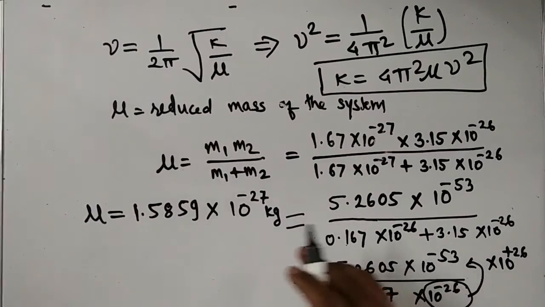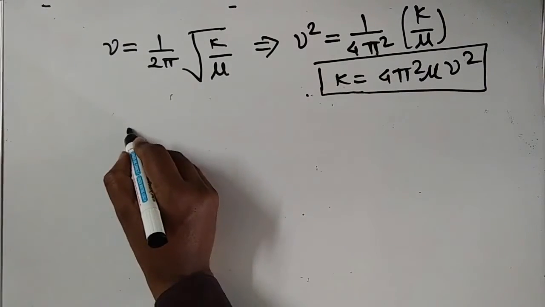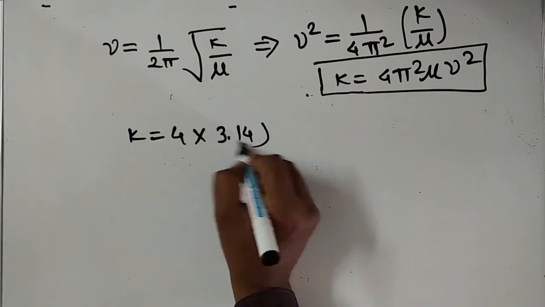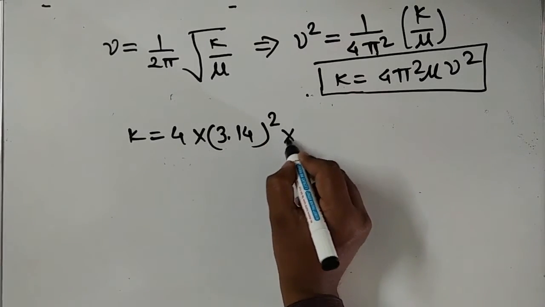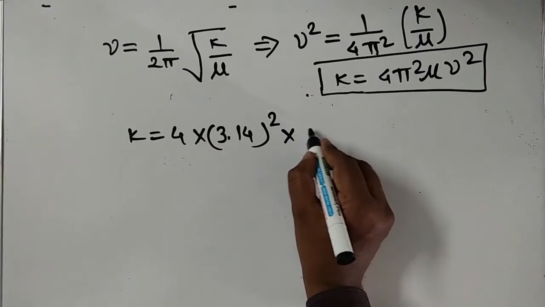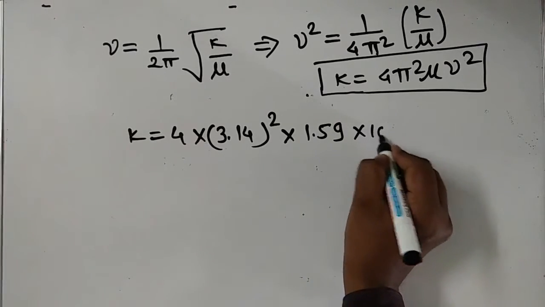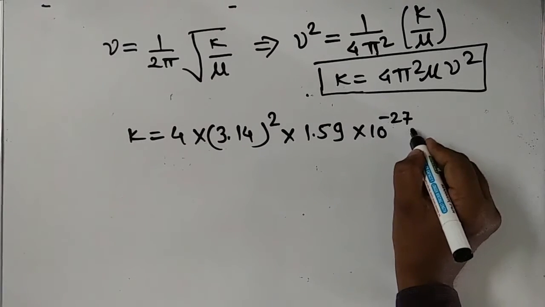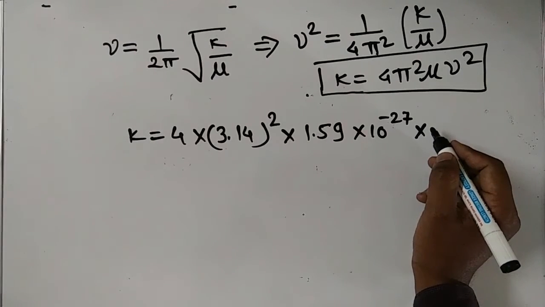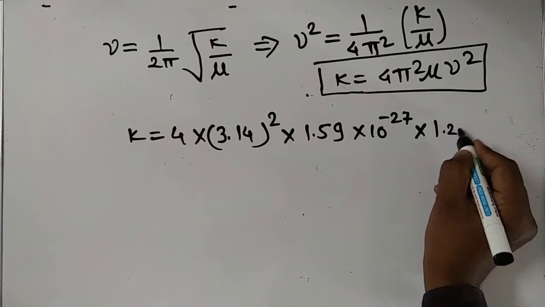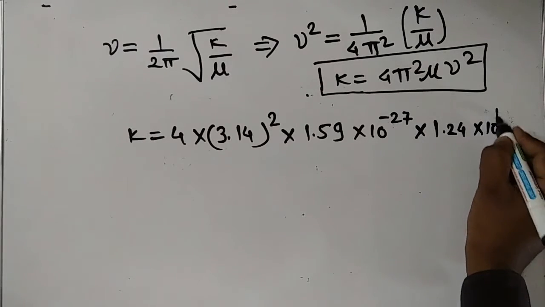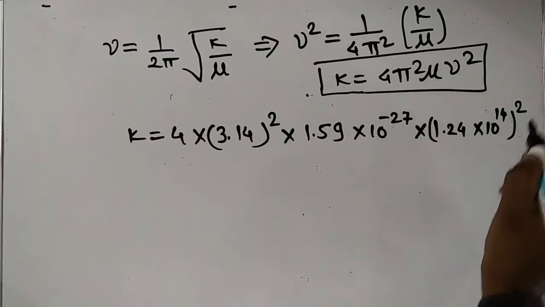Now let us calculate the value of k. So k is equal to 4 into the value of pi, 3.14, squared, into mu, the reduced mass that we have calculated, which is 1.59 into 10 raised to minus 27 kilogram, into the vibrational frequency nu, which is given, 1.24 into 10 raised to 14, bracket squared.